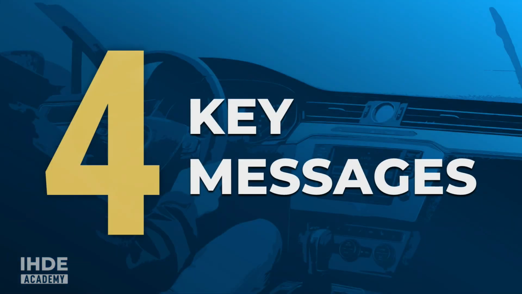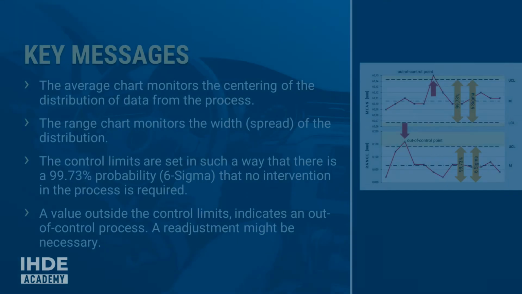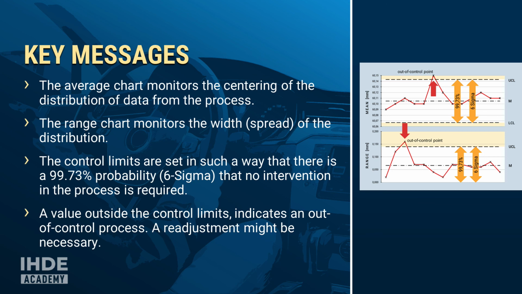Well, that was a lot of new information. Therefore, I would like to conclude by repeating the 4 most important key messages. The average chart monitors the centering of the distribution of data from the process. The range chart monitors the width.